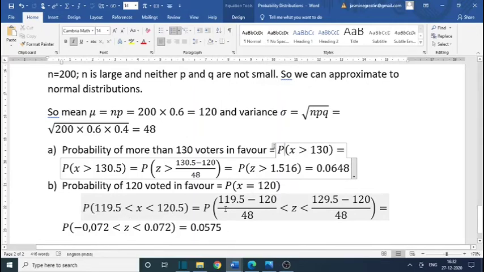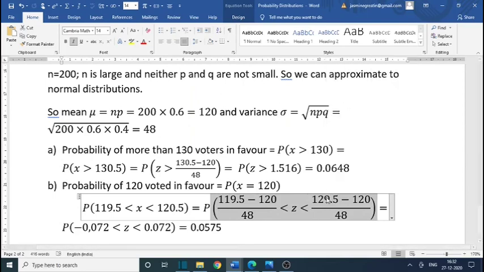Now we can convert into standard normal distribution by giving the substitution x minus mu by sigma, which is equal to 119.5 minus 120 by 48 less than z less than 120.5 minus 120 by 48. So which is equal to minus 0.072 less than z less than 0.072. Again from the standard normal table we get the answer is 0.0575.